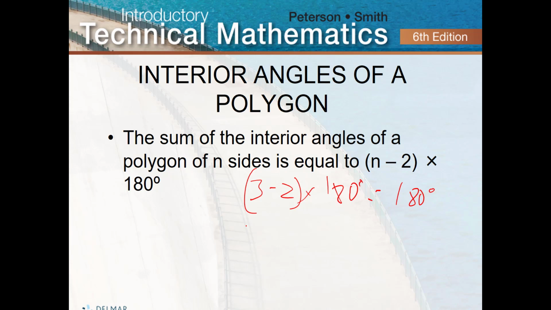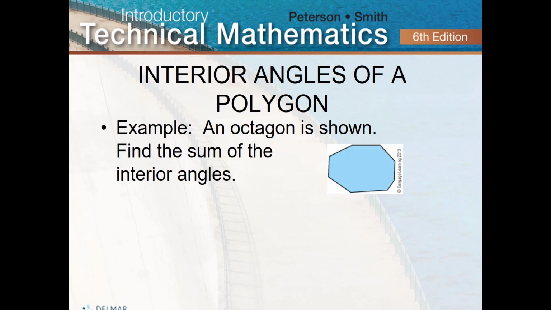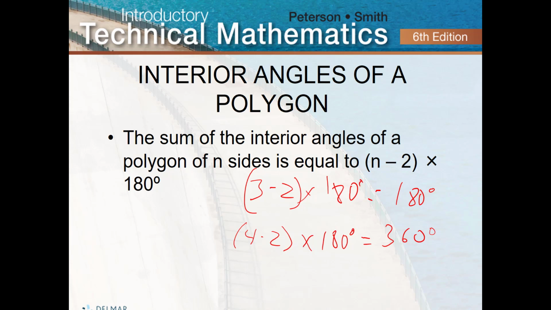If I look at a square, 4 minus 2 times 180 degrees is going to give us 360 degrees.